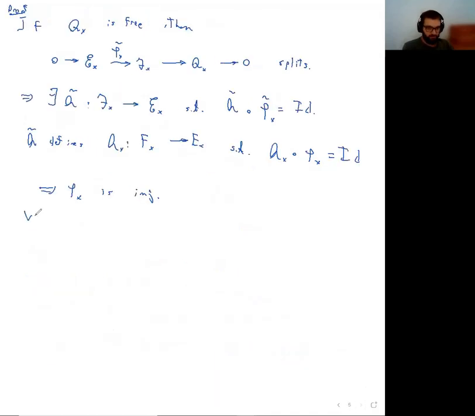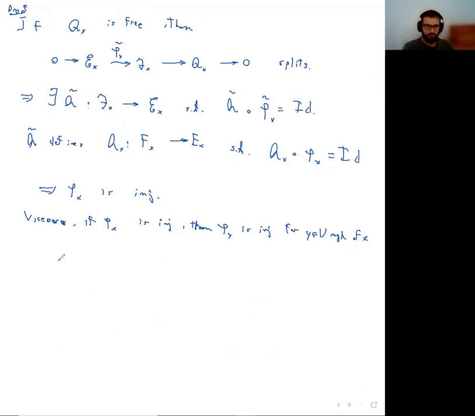What about the vice versa? Because we said that this is an if and only if. Vice versa, if phi_x is injective, then we know that injectivity basically means that some determinant is non-zero. So it's an open condition. In particular, phi_y is also injective for y in a neighborhood of x.